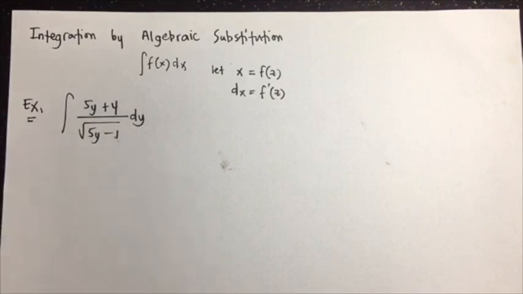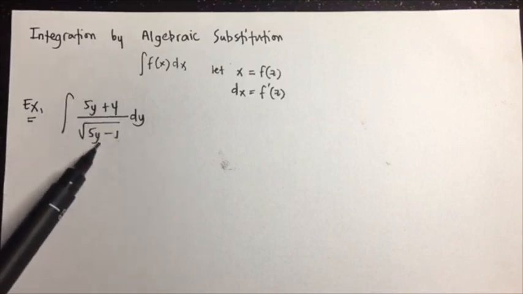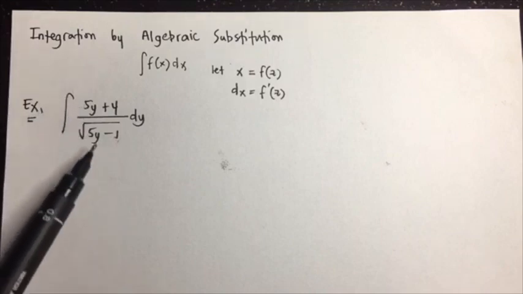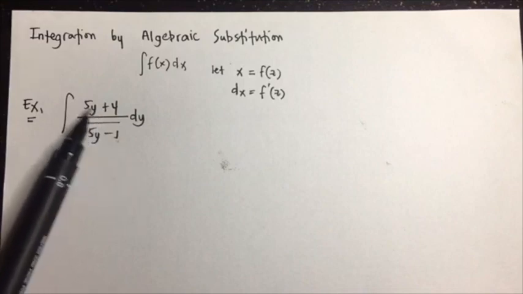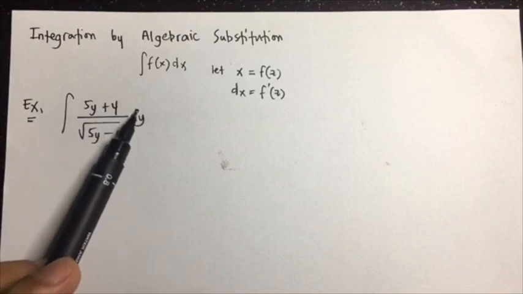Okay, so say for example, we have the integral of 5y plus 4 all over square root of 5y minus 1 dy. This integral is fairly difficult to integrate, but it's not impossible to integrate without algebraic substitution.